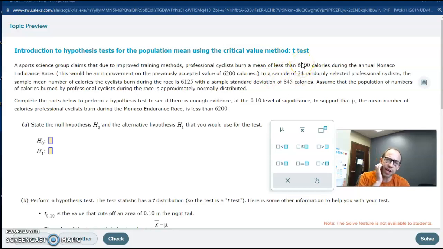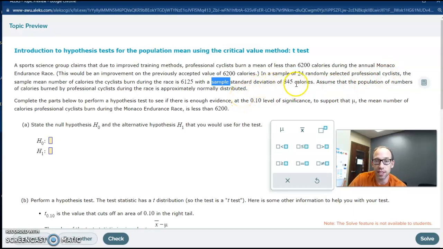Well, it's going to boil down to whether or not we have sigma, whether or not we have a population standard deviation. And here, notice that we do have a standard deviation, the 845 calories, but that's coming from the sample. It even tells us it's the sample standard deviation. They might also say a sample of 24 cyclists with a mean of blah, blah, blah, and standard deviation of blah, blah.